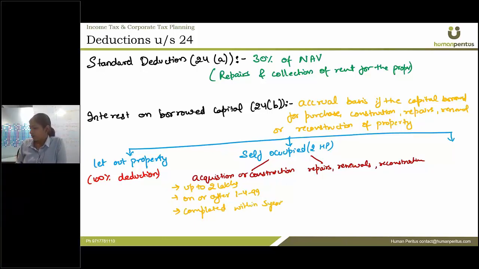Okay. In these cases, the person can claim a deduction of rupees 30,000 from the interest.